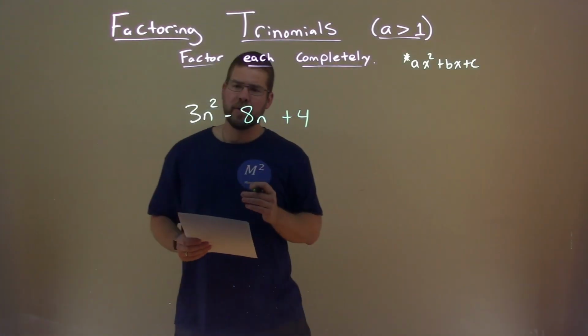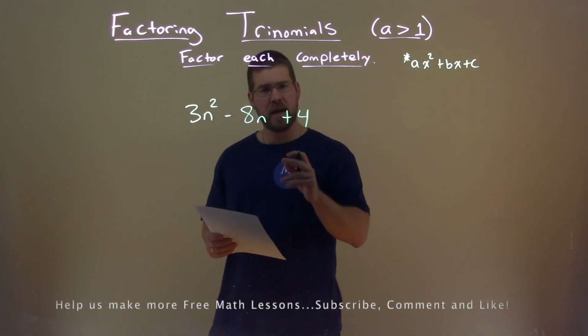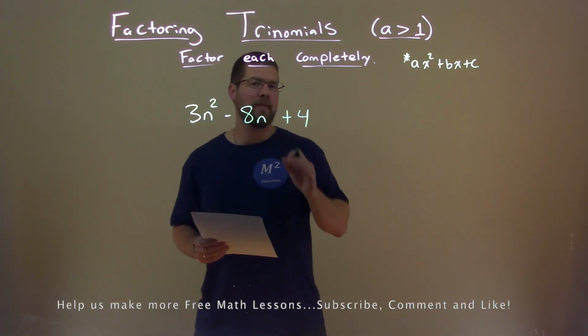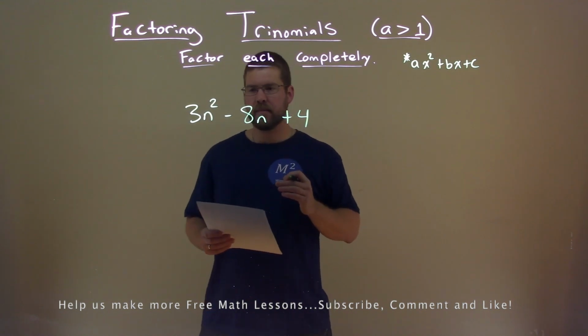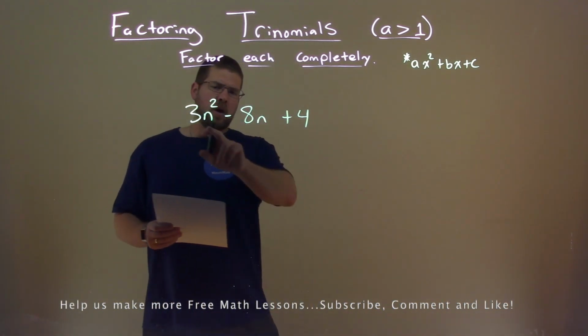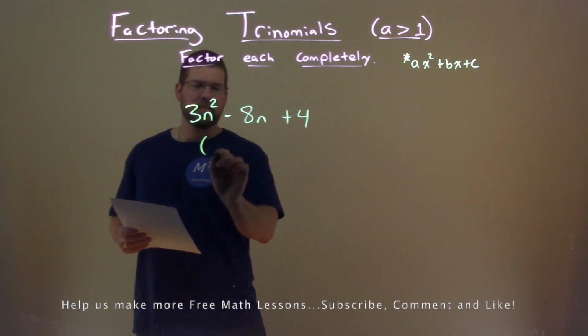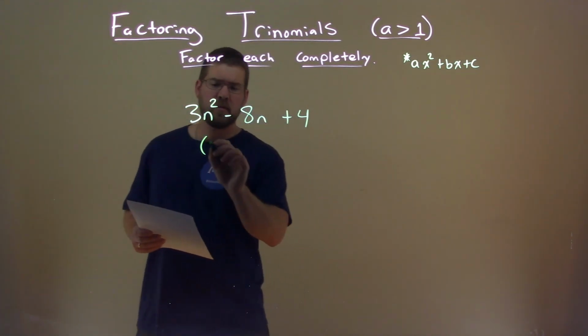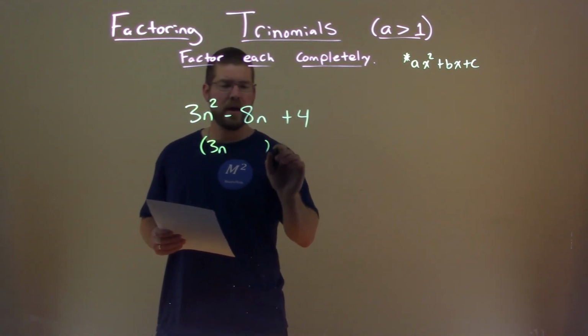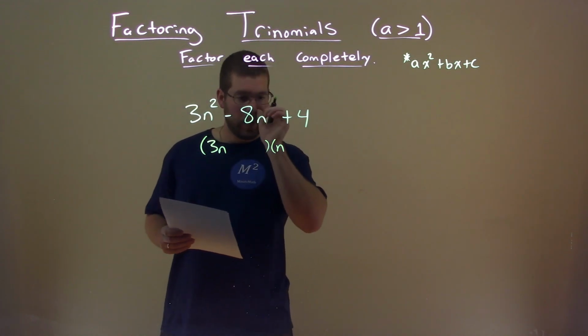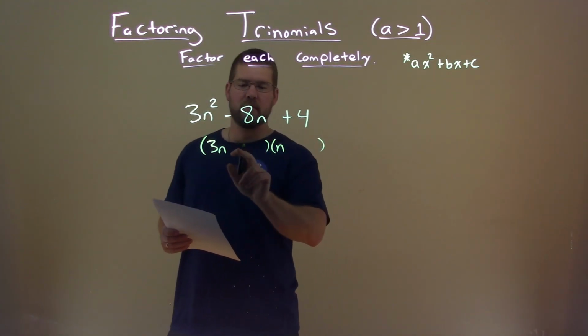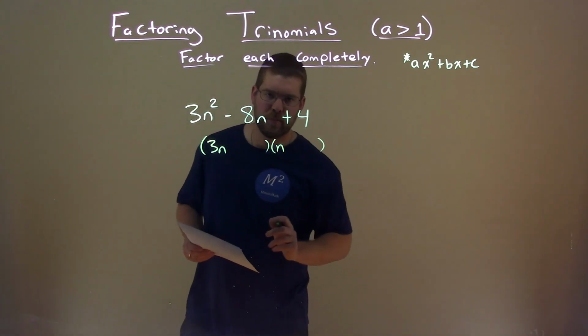We're given this problem here, 3n squared minus 8n plus 4, and we want to factor this completely. So let's look at it. We see a 3 as an a value, and that's a prime number. So we know this is going to be in some form 3n plus something times n plus something.